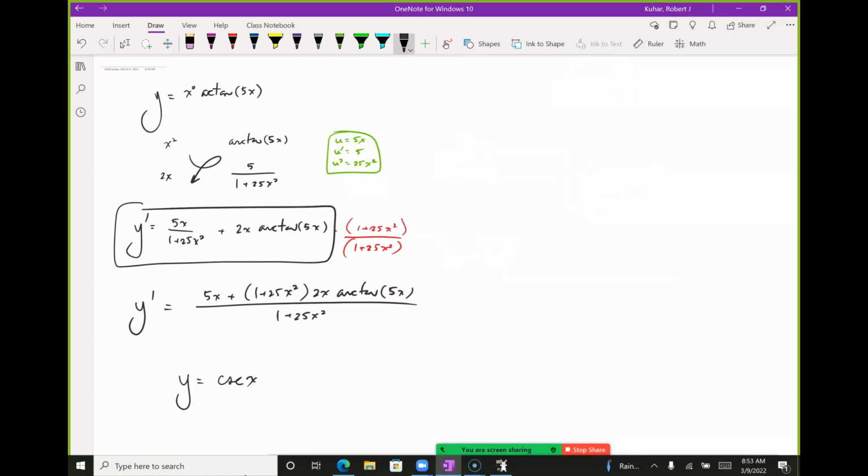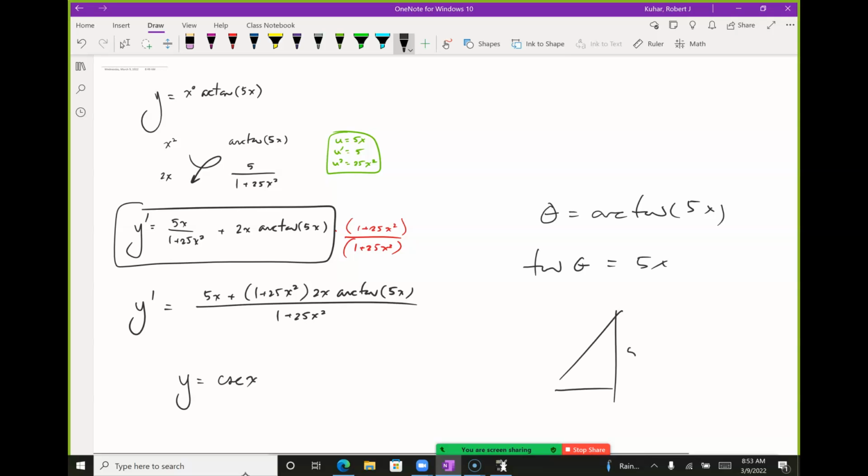There's nothing wrong with you going, okay, if theta is arctan of 5x, then tangent of theta is 5x, right? And then in my triangle, I have a 5x and a 1, and I have a square root of 1 plus 25x squared. But you can see that it never comes back into play again.